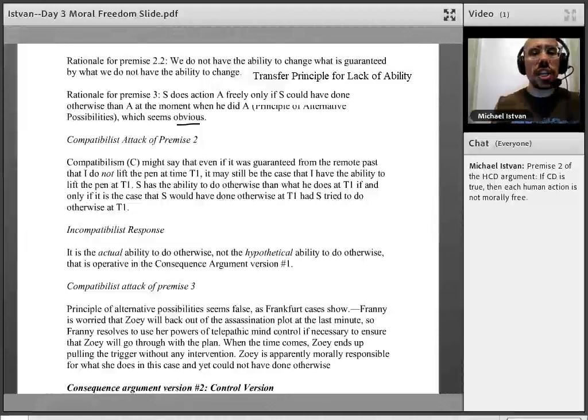S does action A, whatever it is, freely, only if S could have done otherwise than A at the moment when S did A. Now notice that this principle is just premise 3 in a different form. It's actually premise 3 in its contrapositive form.